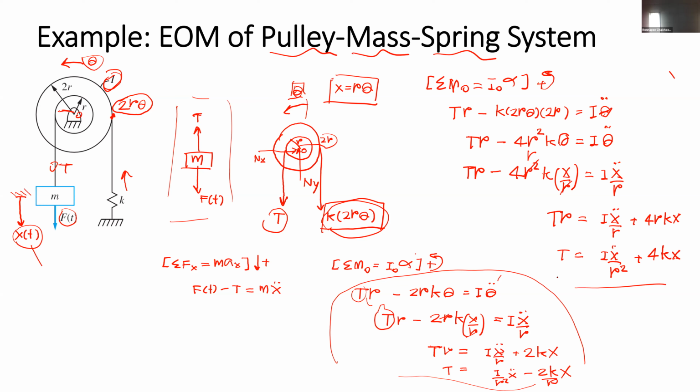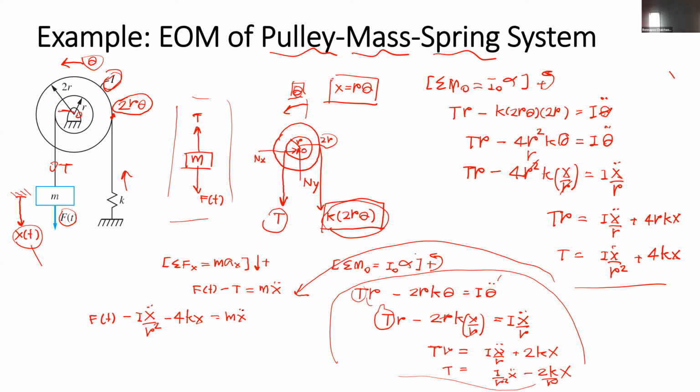We're gonna substitute T into this equation. So Ft subtract T, which is I x dot dot divided by r squared subtract 4kx, equal to m x dot dot.